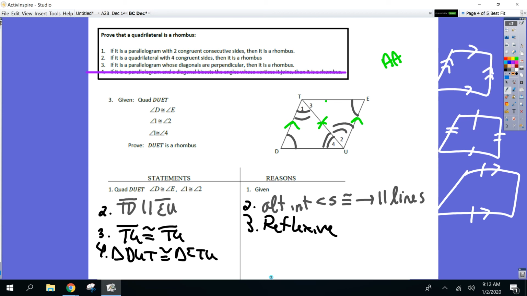We're talking these two angles right here, 1 and D. Is that reflexive side in between 1 and D? Nope. So we're using angle, angle, side. So I can say CPCTC, TD and EU congruent.